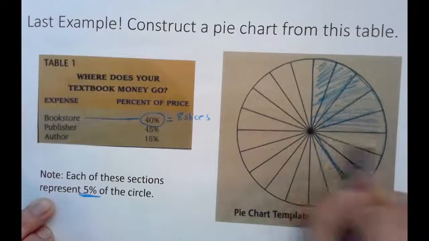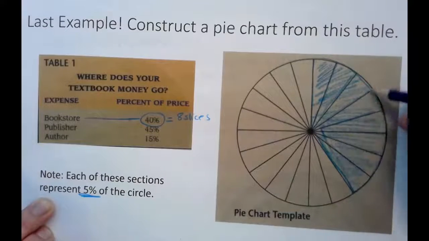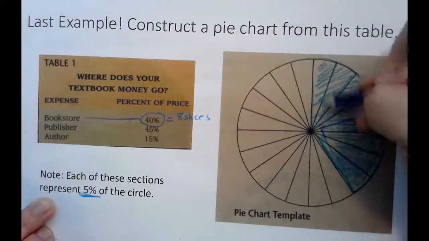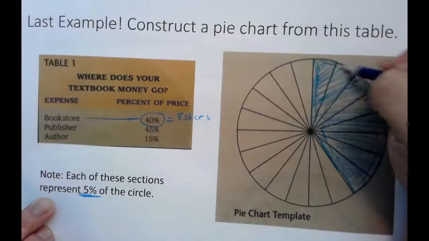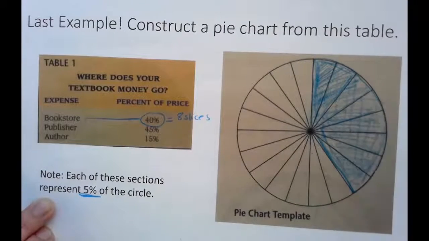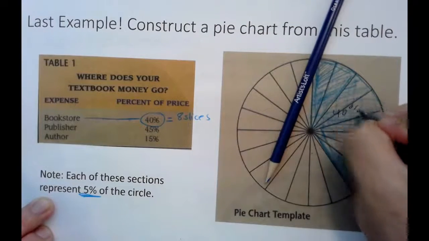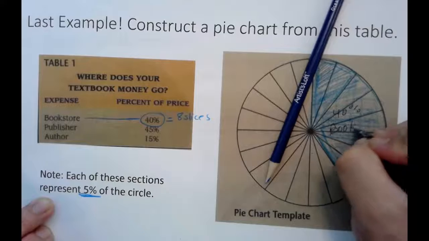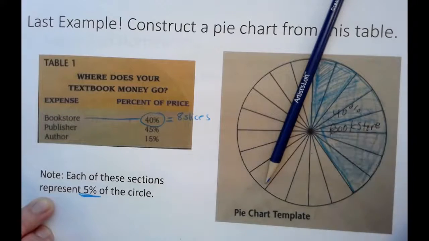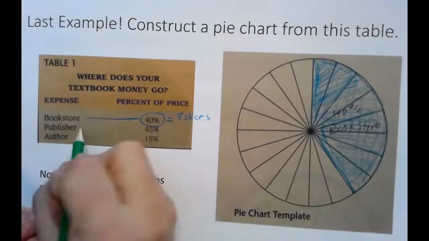I mean, you can color it in more nicely than I will, but if you're using the book as your template, this is not a bad idea. So this is 40%, or you would write bookstore on top. Then let's do the next one, publisher.